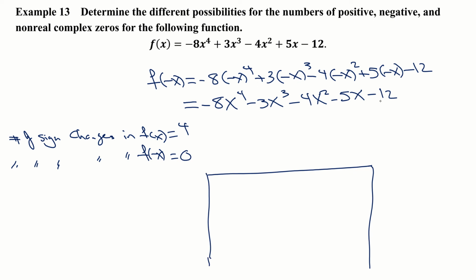It'll be a little bit bigger this time because remember, the number of positive roots can either be this number, 4, or less than that by an even integer, so 2, or again, you can go minus 4, which will give you 0.